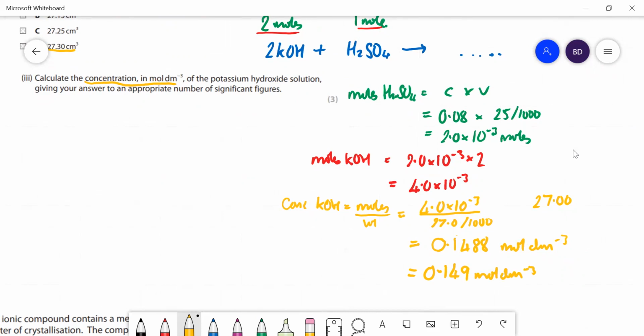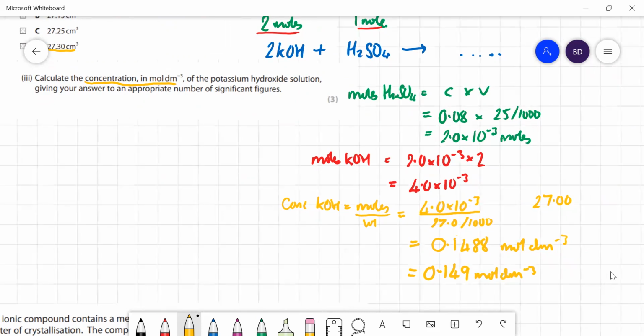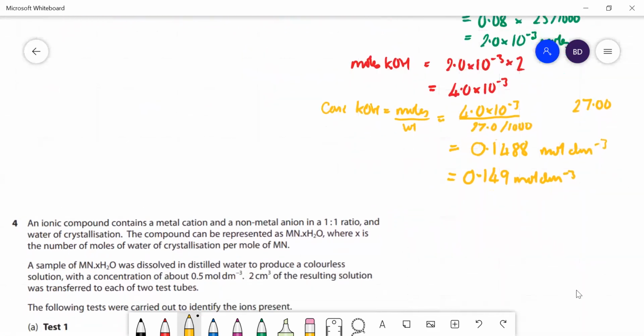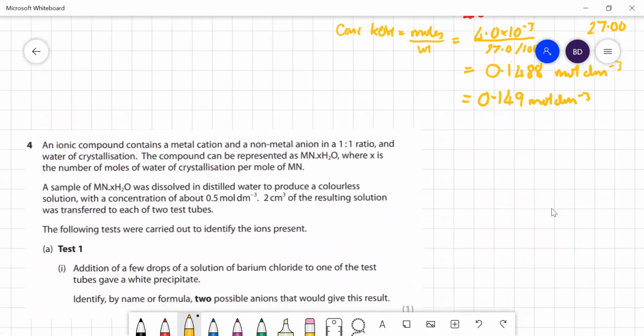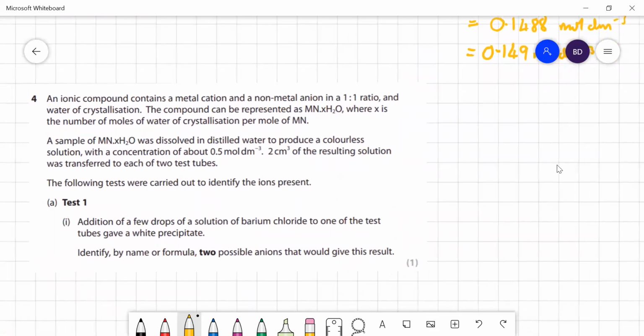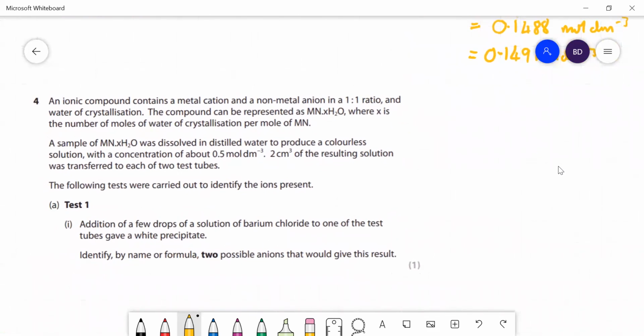Okay, let's move on to question 4. An ionic compound contains a metal cation and a non-metal anion in a 1-to-1 ratio. So that means M, the positive ion, and N must have the same charge.